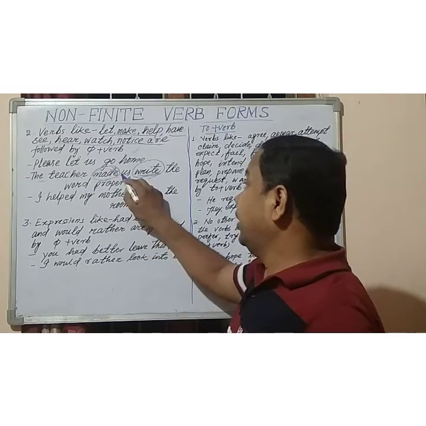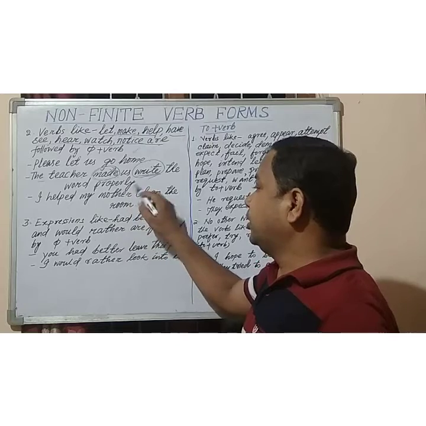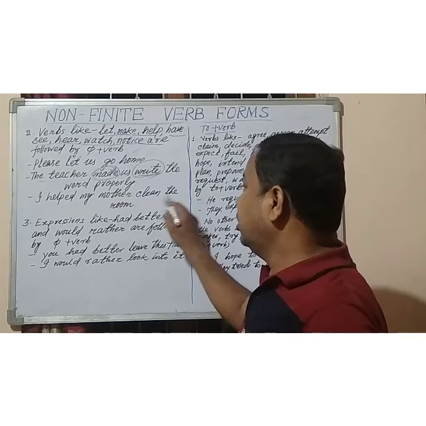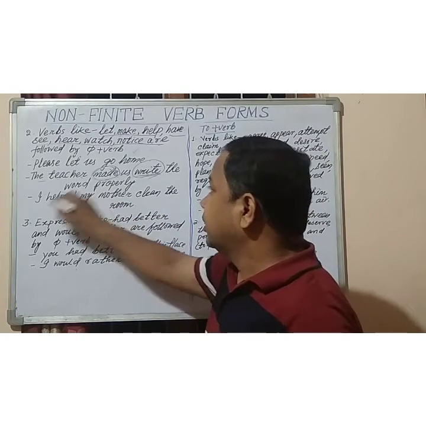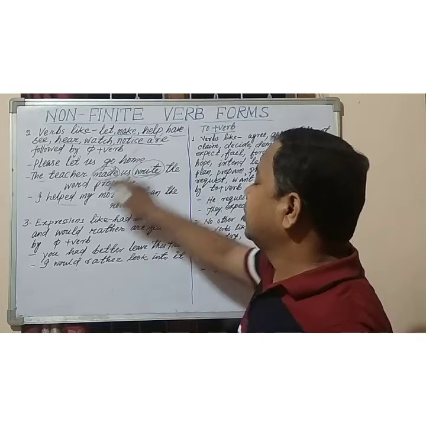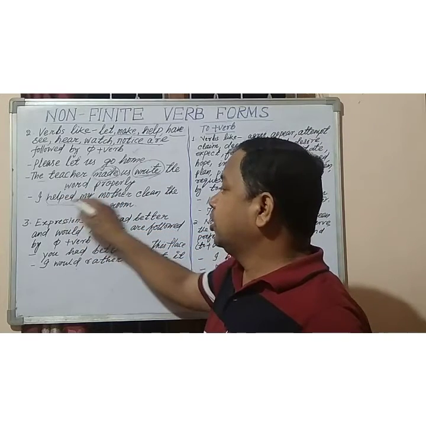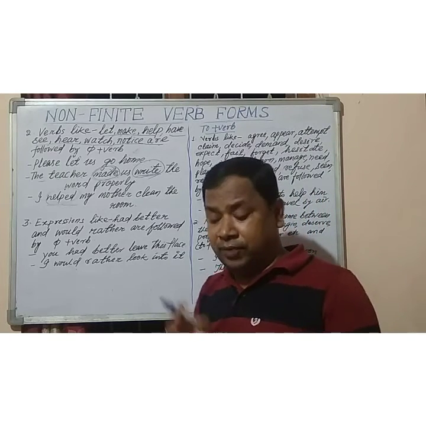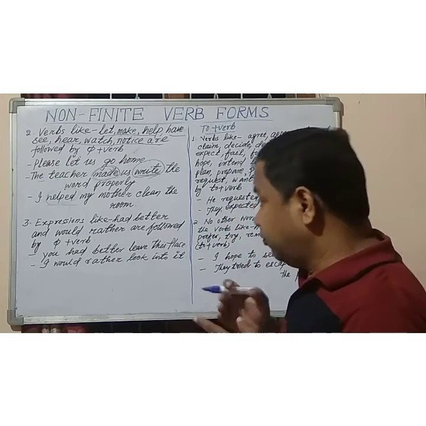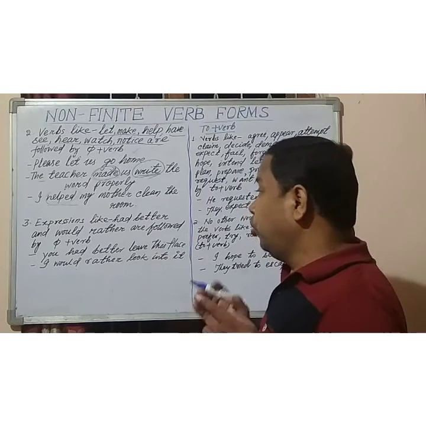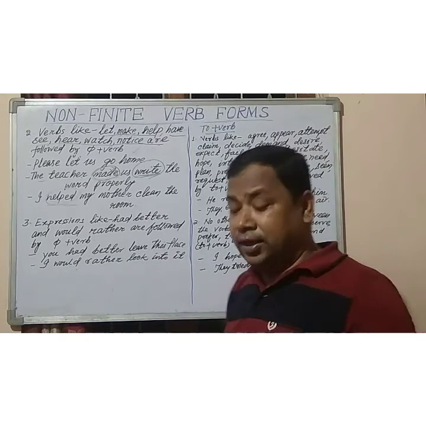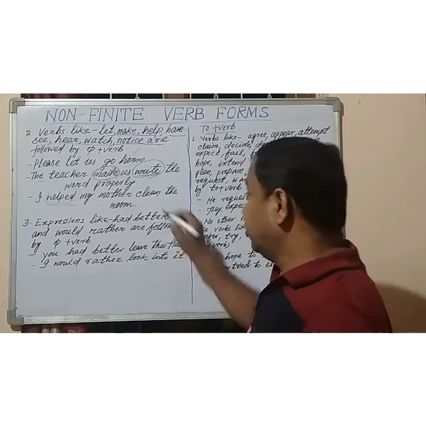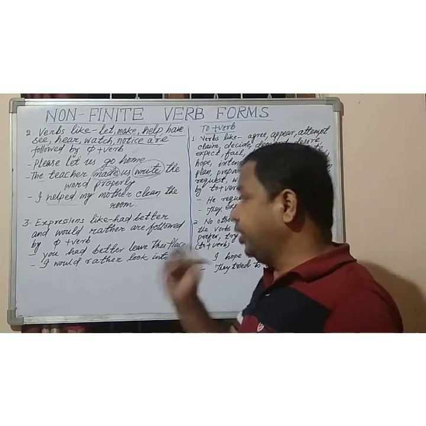So the teacher made us write the word properly. In the third sentence, I helped my mother clean the room. Here help is a finite verb or full verb. When these full verbs are present like this, we write the non-finite verb in its bare form, that means without anything or without to. It is only clean, not to clean.